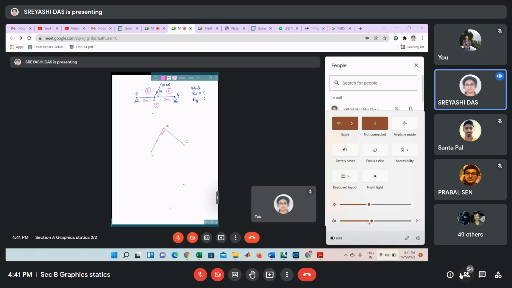So from O, we will join this. So here the force line is like this, but here you don't know. So we will draw a line parallel to OA from P. And then we will draw another line parallel to OB.